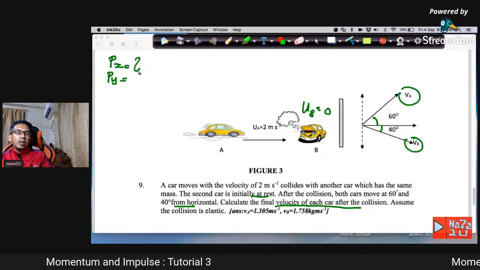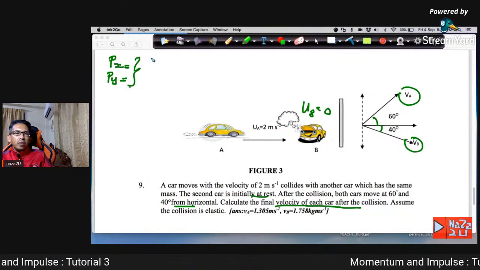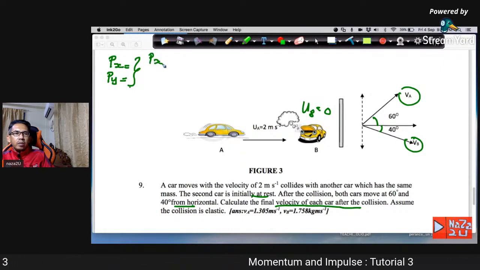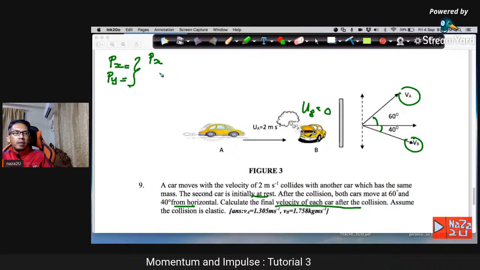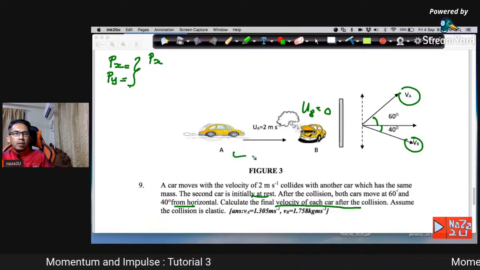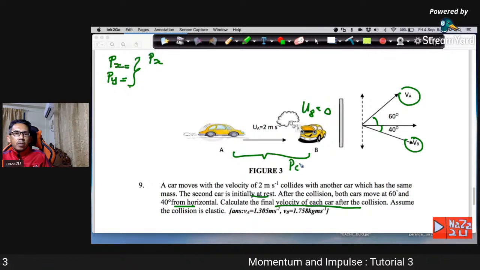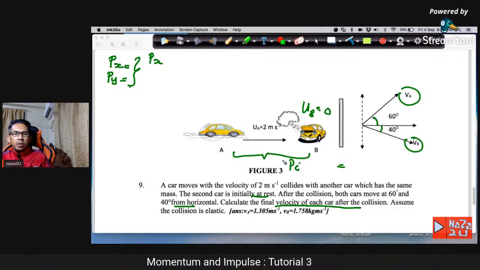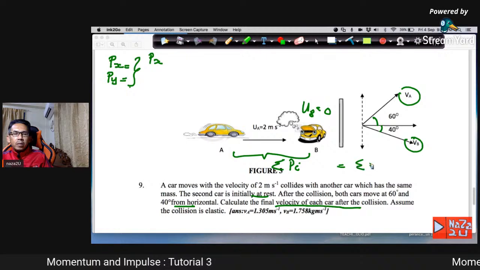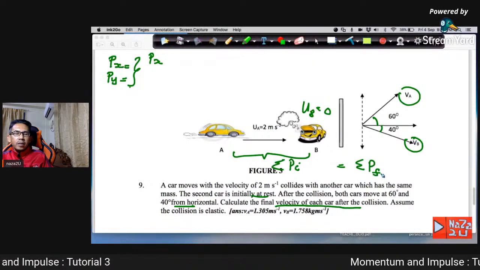So macam mana kita nak buat yang ni? So first kalau kita ambil, kita ada PX axis dulu ya. So the first axis sama juga, kita guna konsep conservation of momentum. Total momentum before is equal to total momentum after, right?